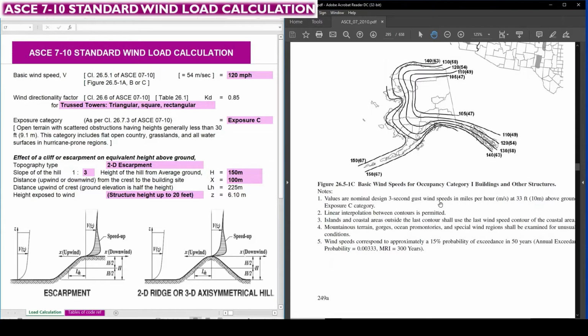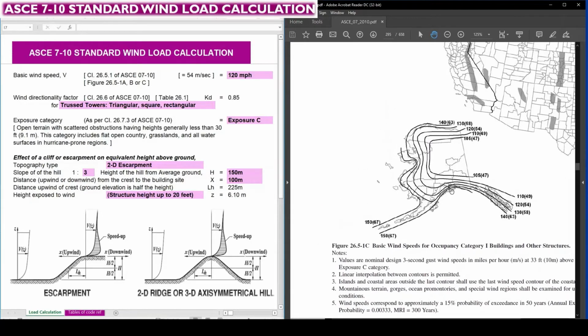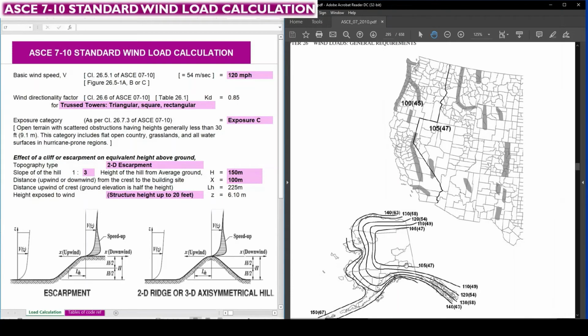For category 1, we need to refer to this one. So we can consider 120 miles per hour here for our calculation purpose.